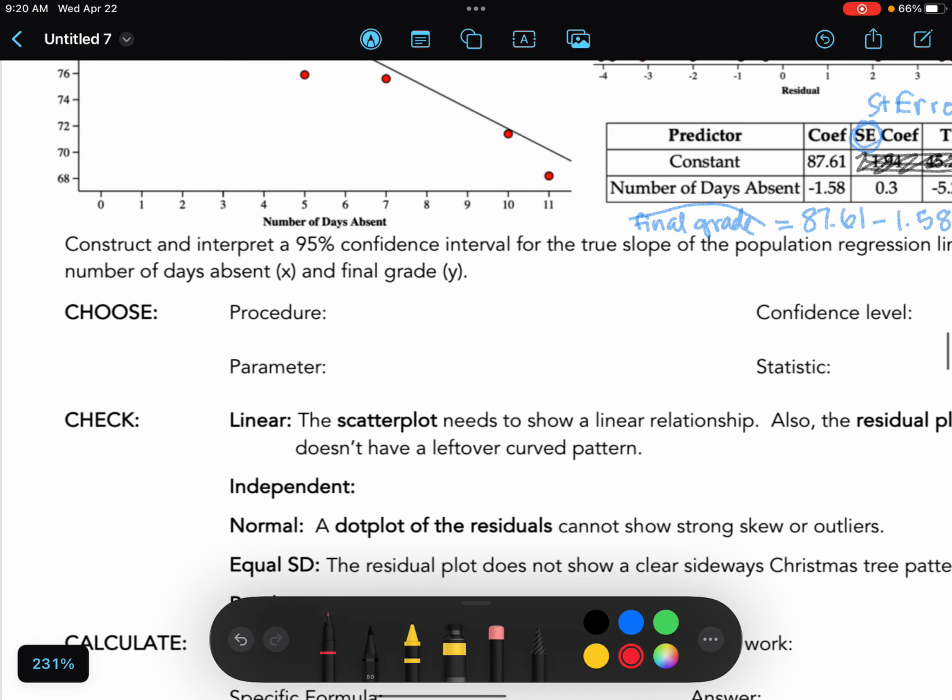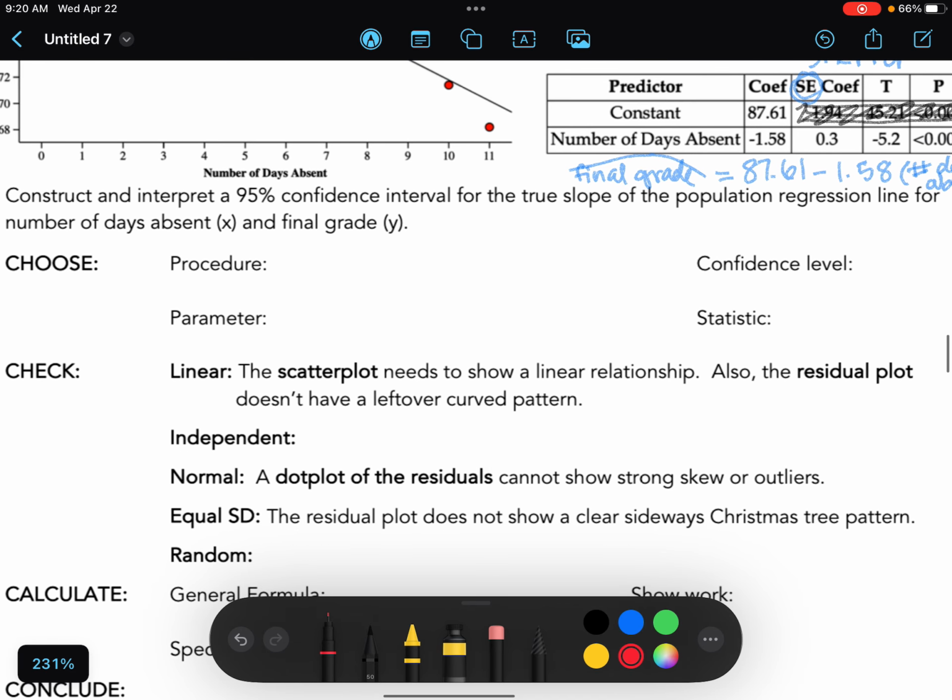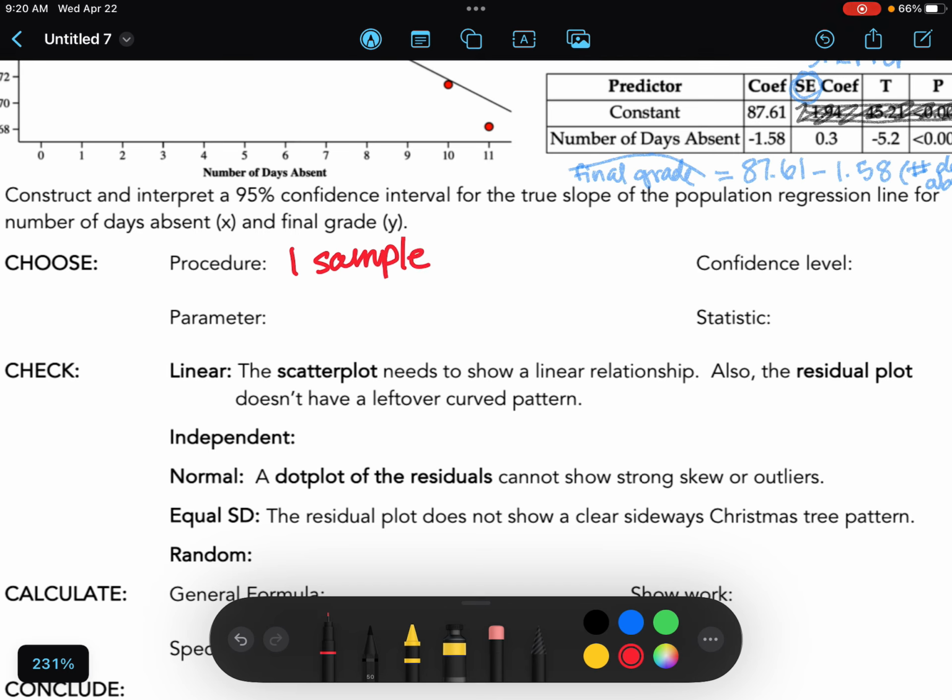We're going to construct and interpret a 95% confidence interval for the true slope of the population regression line, for number of days absent X and final grade Y. Our procedure would be, I hope that you guys are saying this out loud, we have only one sample, and we are going to have to use a t interval for true slope.